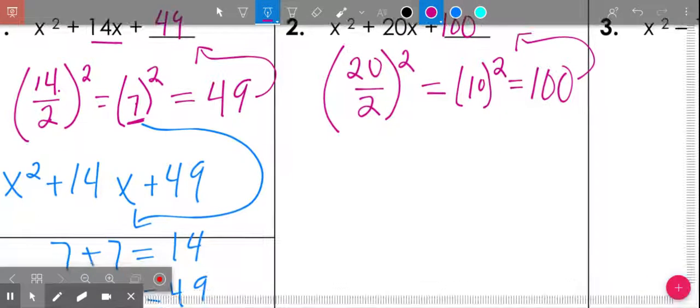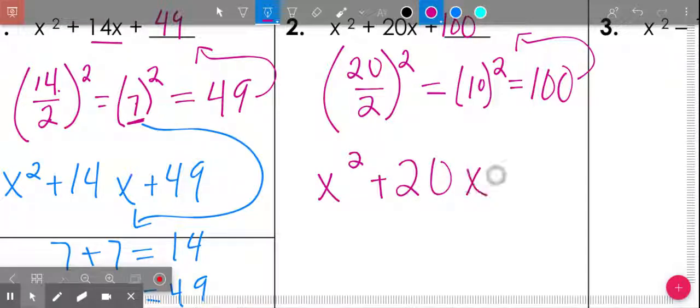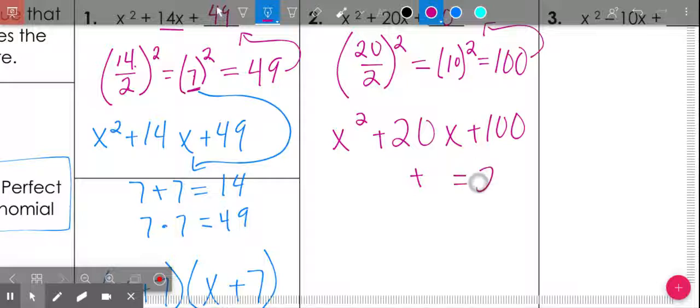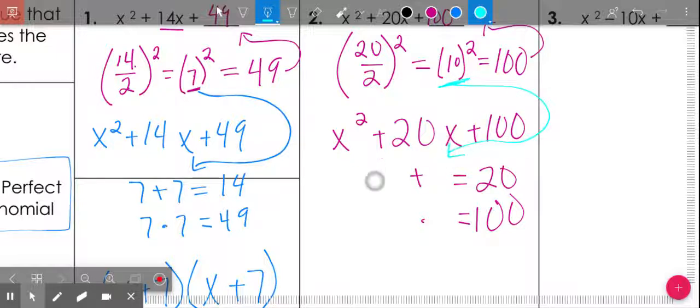Well, now we need to factor it. So I'm going to rewrite it just so it's easier to work with. I need to think what's going to add to give me 20, but multiply to give me 100. Well, just like last time, we already found that number. It'd be 10 and 10.